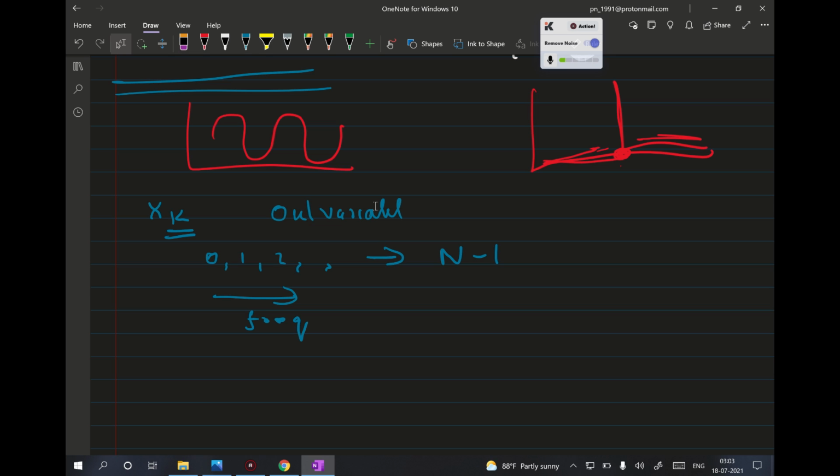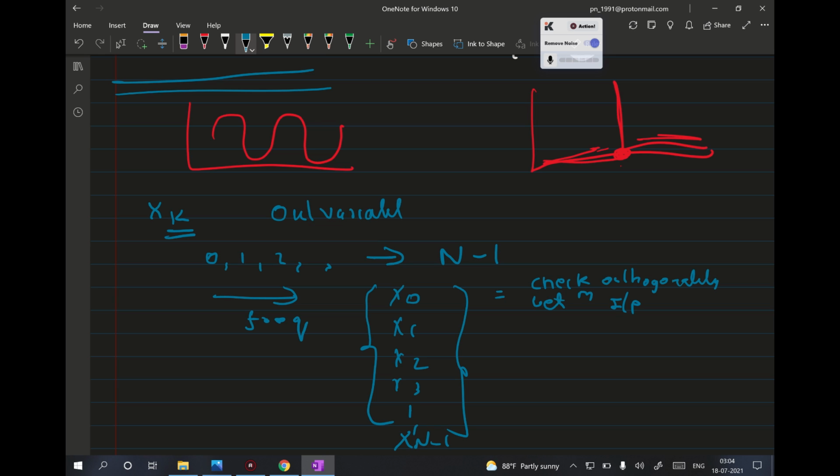So what we are doing with x0, x1, x2, x3, up to x n minus 1 is checking the orthogonality condition between our input data and the harmonic function corresponding to k equal to 0.